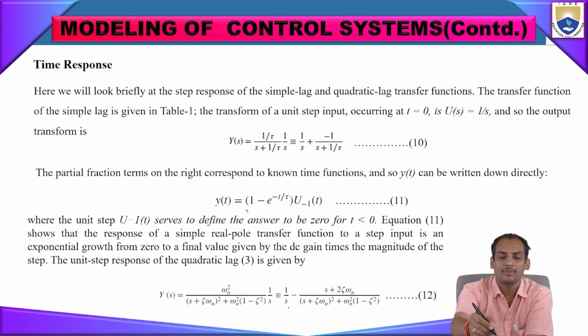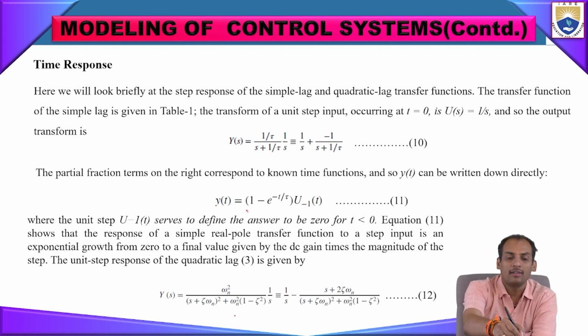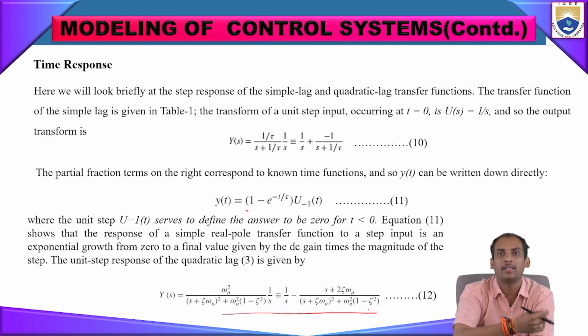So here you see equation 11, that is y of t, which shows the response of a simple real pole transfer function to a step input: an exponential growth from 0 to its final value, given by the DC gain times the magnitude of the step. The unit step response of a quadratic lag is given by the unit transfer function: omega n square by s plus zeta omega n whole square plus omega n square into 1 minus zeta square.